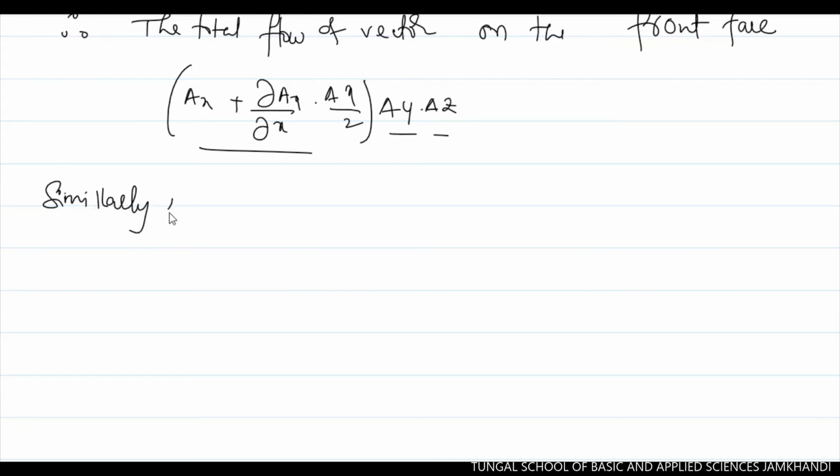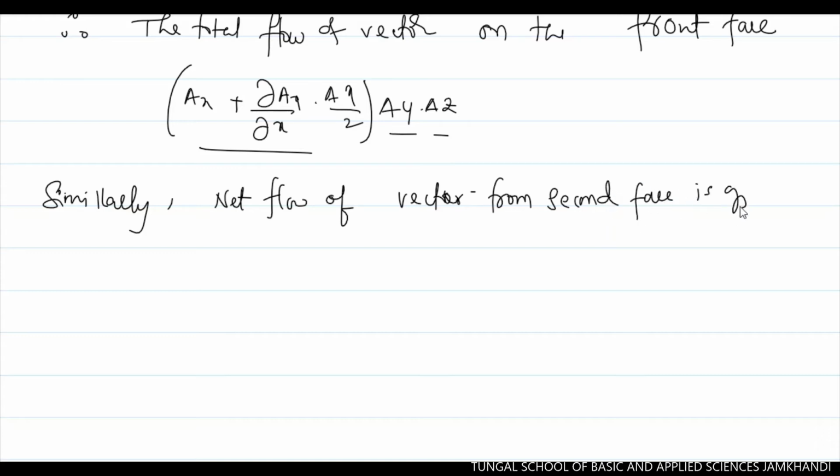similarly, if you calculate the net flow of a vector from the second face, it is given by Ax minus ∂Ax/∂x into Δx by 2, because now it is about the inward flow.